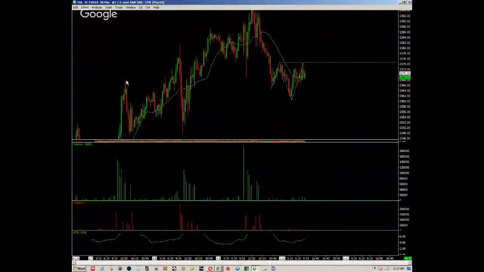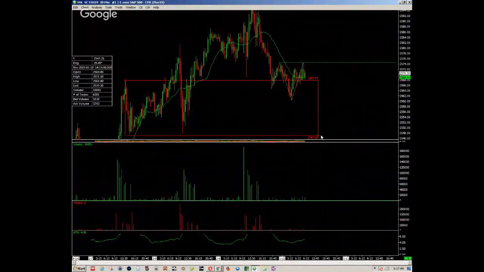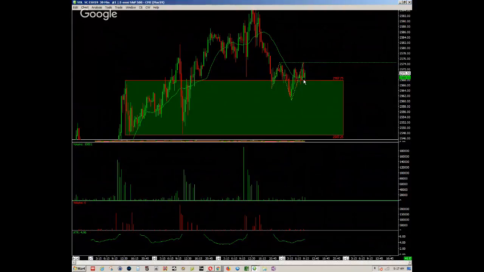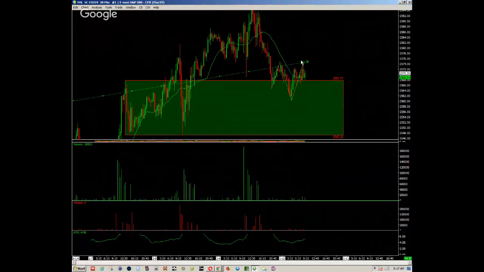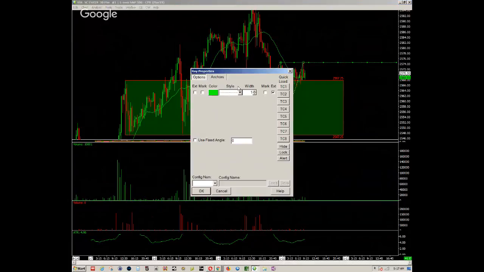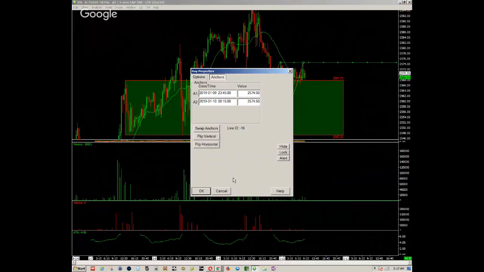Maybe it's something as simple as this. Okay. So if we continue up and we get above this line here, and that is at 74.5.